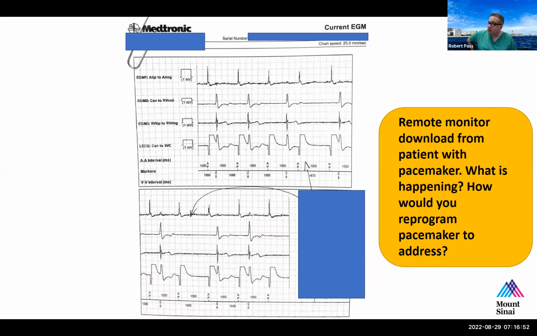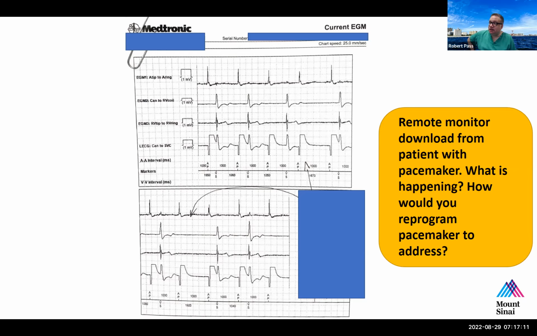So this is a remote monitor download from a patient who has a pacemaker. And there are some arrows that I have drawn there. And I guess my question is, what is actually happening here and how would you reprogram this pacemaker to address it?